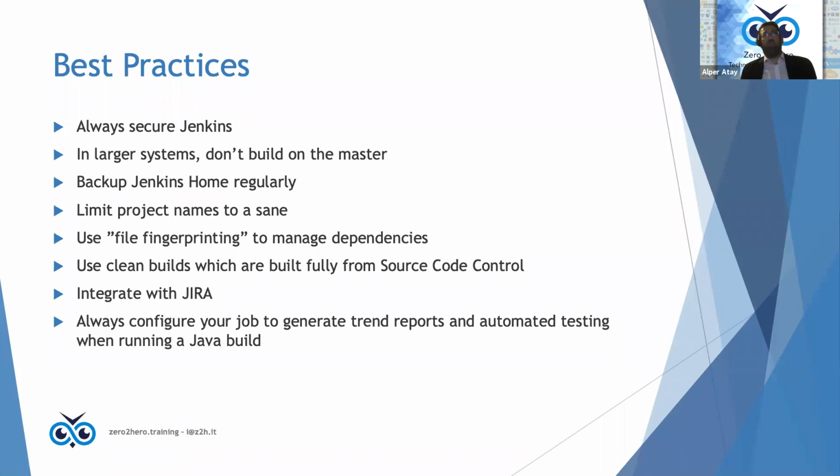For test, there is no problem, but for production, the DevOps must start the slave nodes, so that I can deploy my code to production. So we have got two levels of security here. And it's also a good idea to back up your Jenkins home regularly, because anything could happen. And limit your project names.